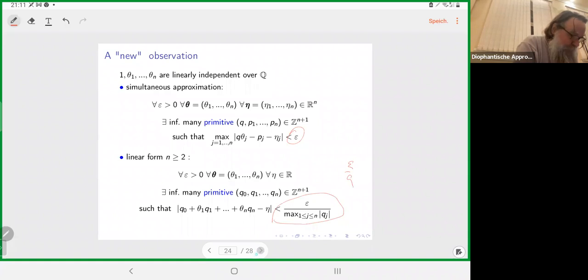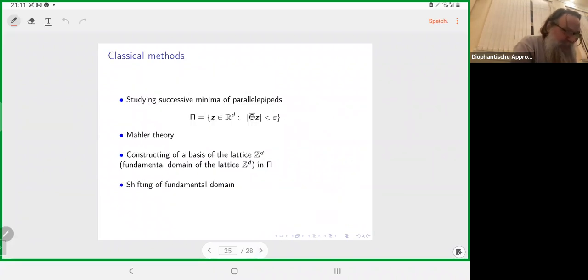And to obtain this result, you need classical methods: successive minima, Mahler's theorem, and shifting of fundamental domains of lattices. But if we look into details of these classical methods, you will find something unusual.